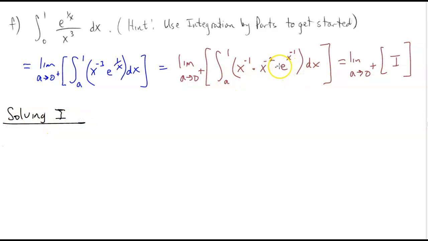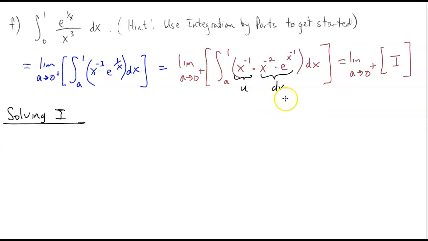So the first thing I want you to note here is that if we do integration by parts, then we want to use this portion here to be the dv in the integration by parts, and we want this part here to be the u in the integration by parts. Okay.